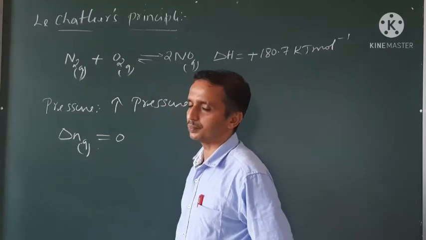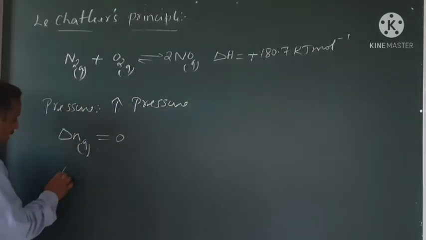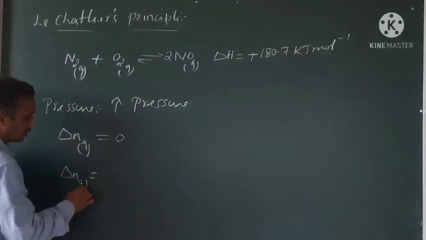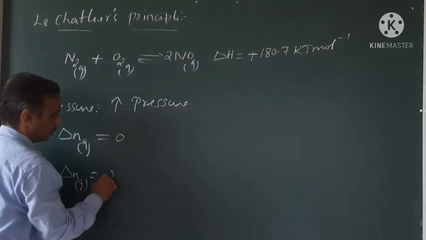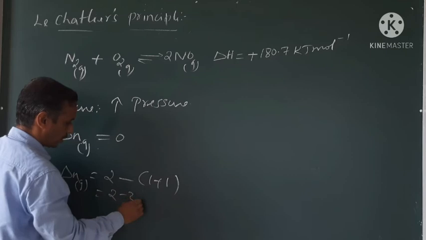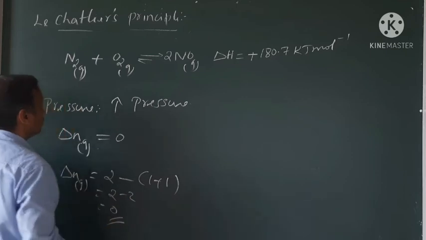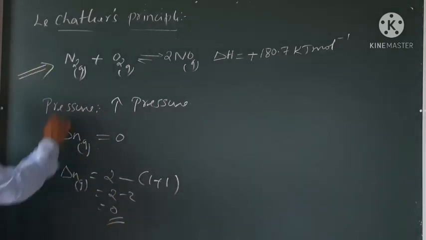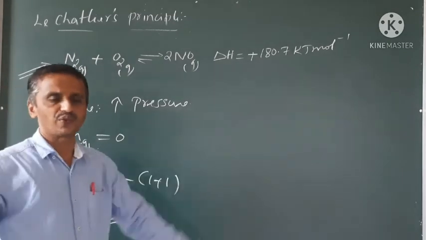And see this example. What is the delta N of gas here? 2 minus 1 plus 1, which is equal to 2 minus 2, is equal to 0, means in this reaction pressure does not have any effect.